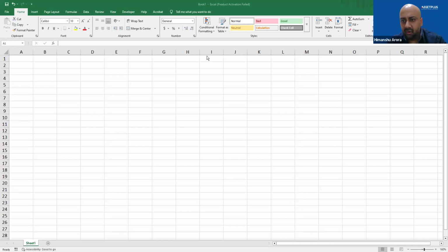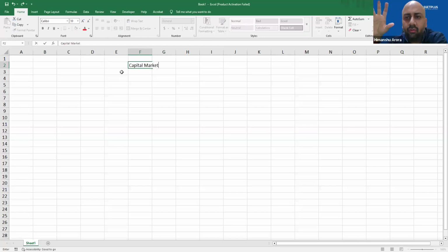That's a blank Excel sheet for now. Yes, Himanshu, it's visible. Perfect. Okay, so let us start with capital market. So see, what we are going to cover today is the basics of capital market, and the capital market primarily comprises of, I'll be going by the book itself.